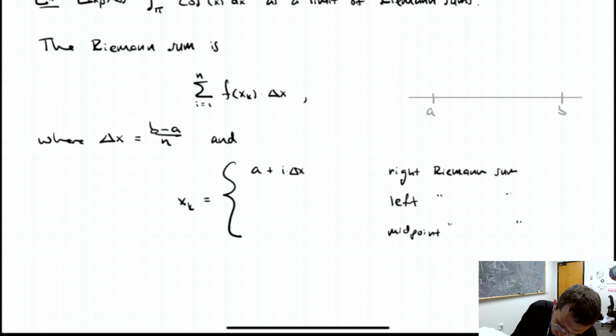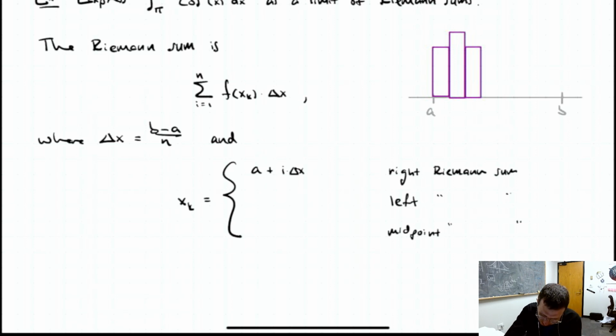The point is that if I have a bunch of rectangles, the x-coordinate at the right endpoint of the ith rectangle is, well, for the first one, that right endpoint is at a plus the width of one rectangle.